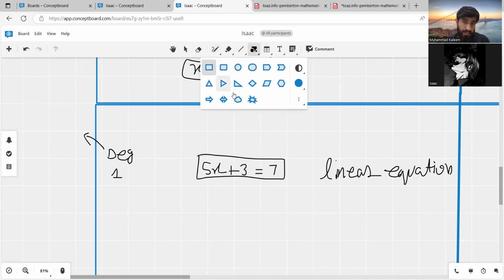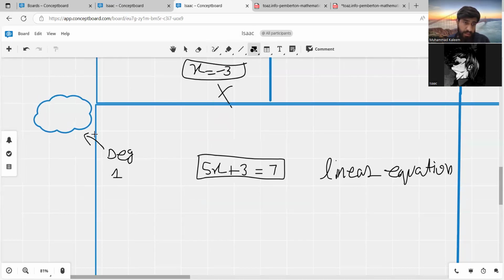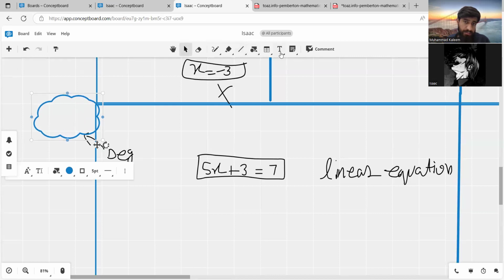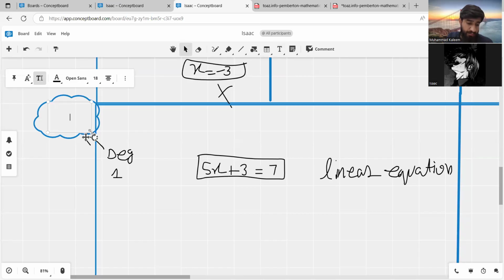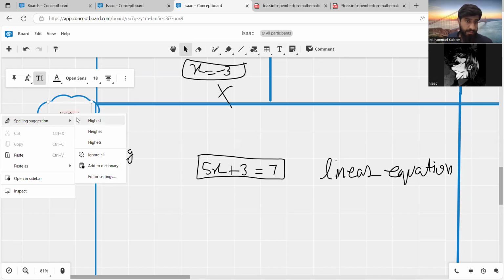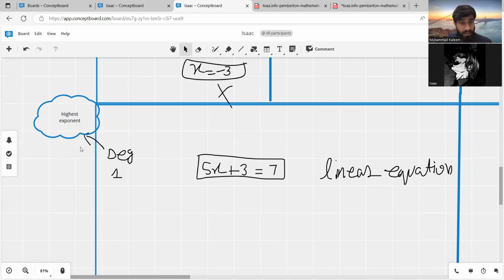Degree is the highest exponent. Okay. Degree is the highest exponent in our equation.